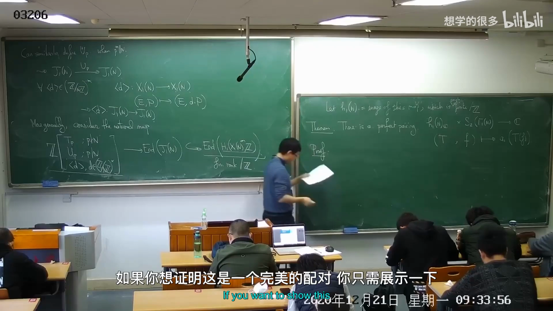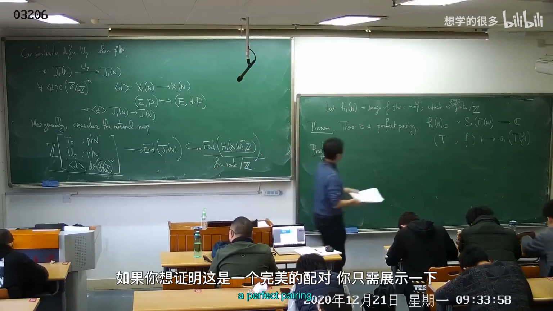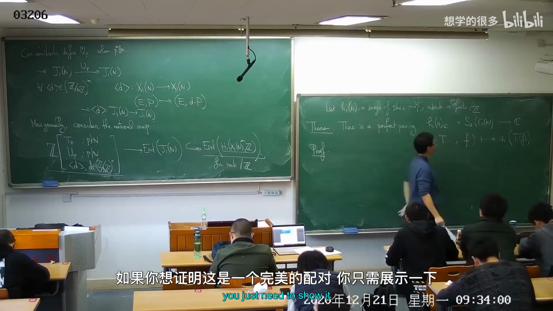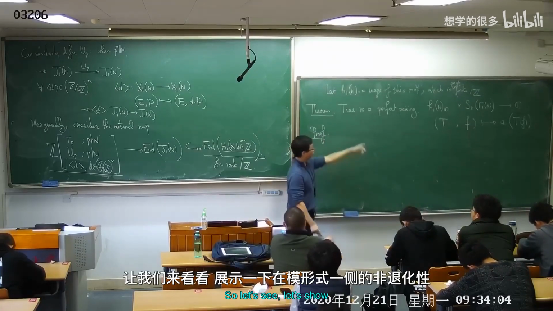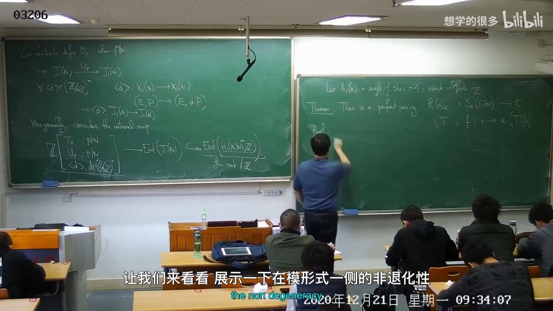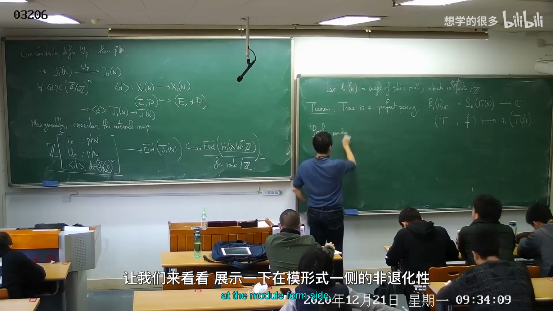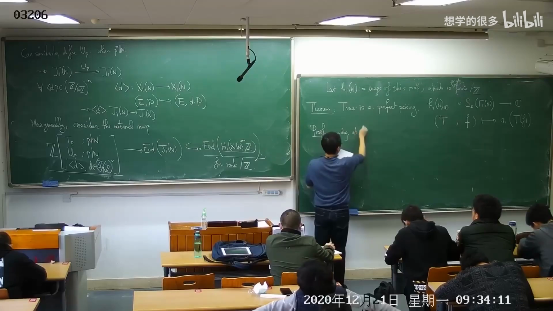Proof. If you want to show this is a perfect pairing, you just need to show it doesn't degenerate in each of the factors. So let's prove the non-degeneracy on the modular form side.